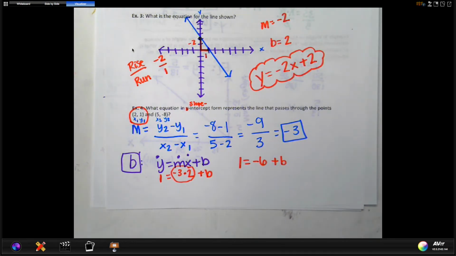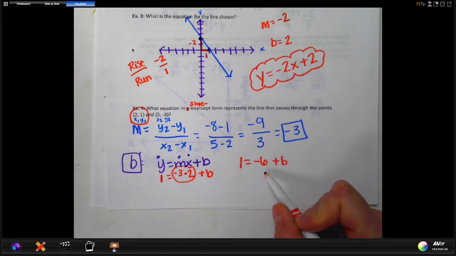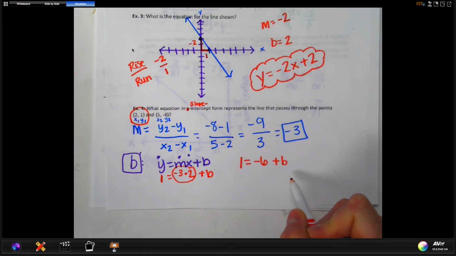You had to multiply the -3 and 2 together. And now some of you can easily do this in your head. Others of you have to use the algebra. For the sake of the video, I will show the algebra on it. But really, you're thinking to yourself, -6 plus what number gives you 1? So think that in your head for a second.